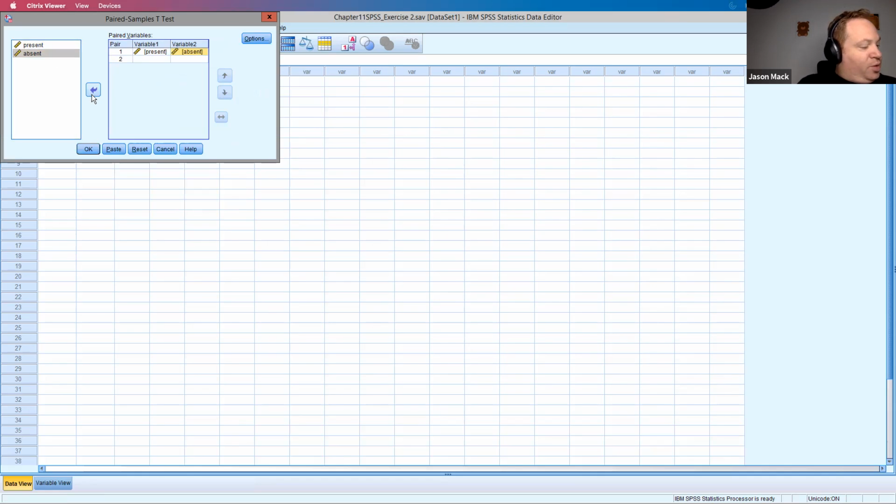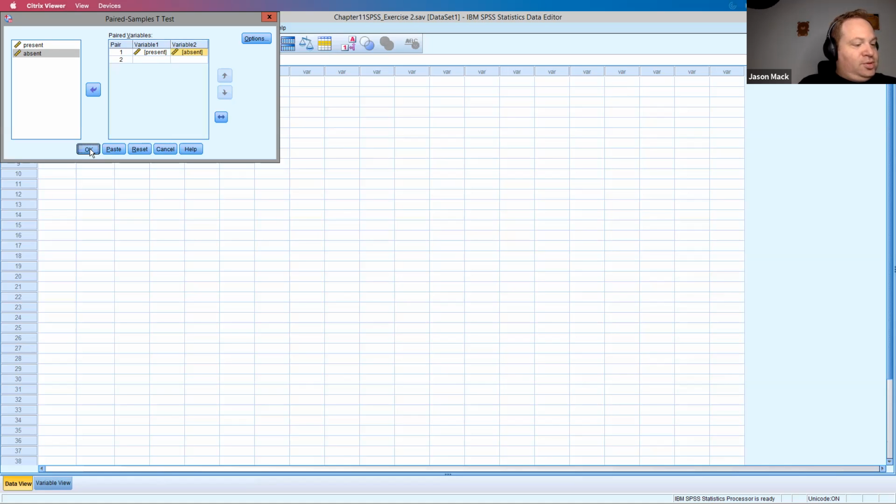Select. And then we move these pairs right here. We got that and that, and these are side to side. So move these from the left box to the right box. And then we're going to say literally just okay.